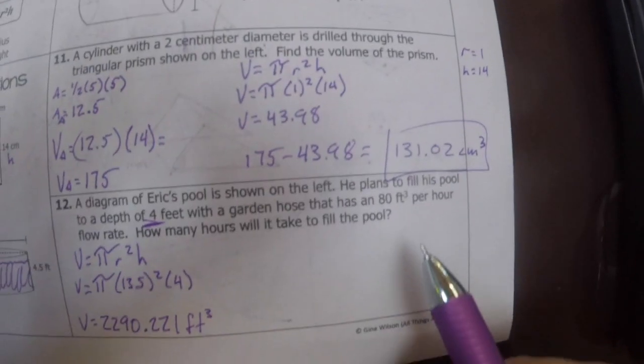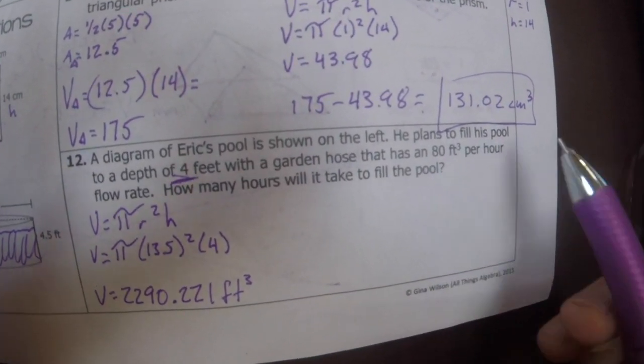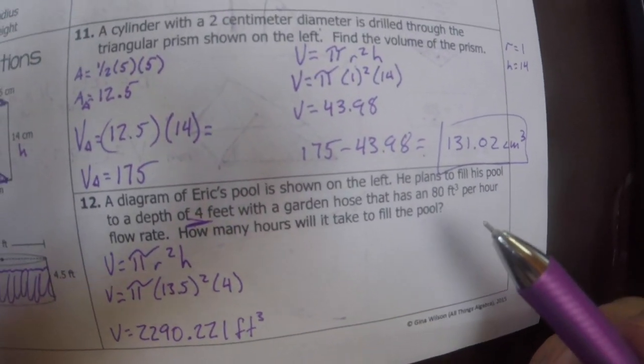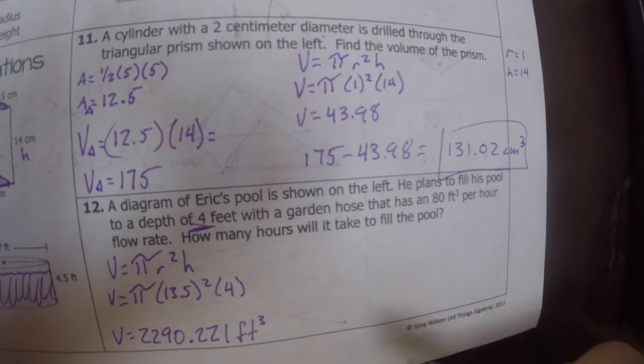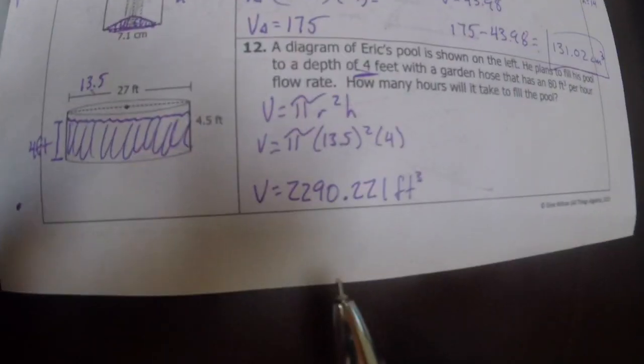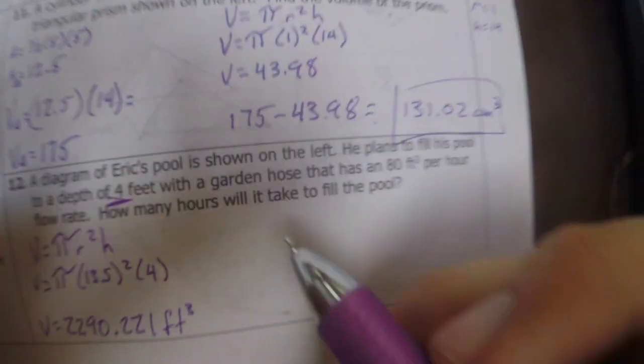Well, the first hour, there's 80. After the second hour, there's 160 cubic feet. After the third hour, there's 240. I'm just counting. How many hours is it going to take me to get up to 2290?